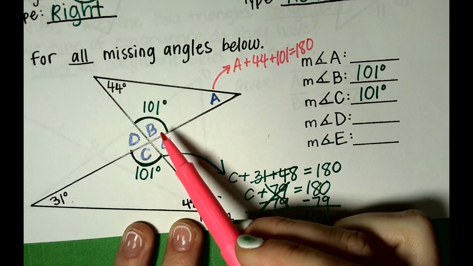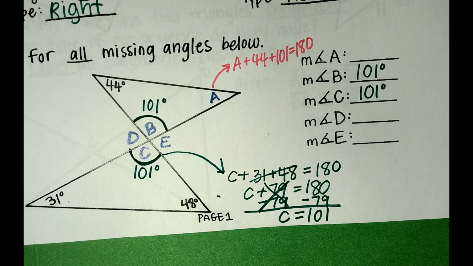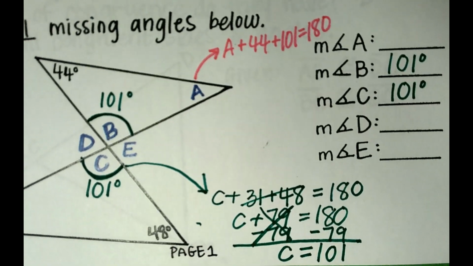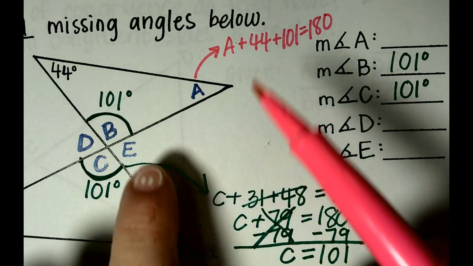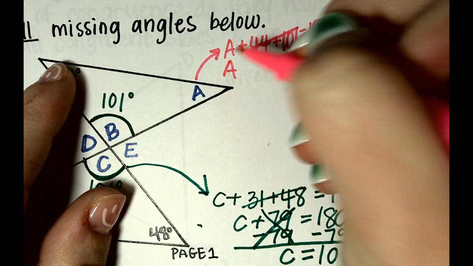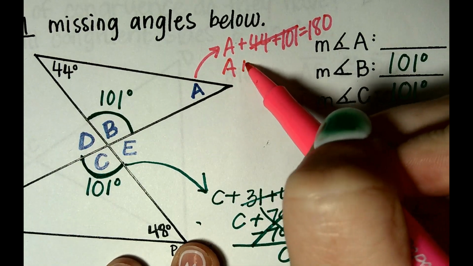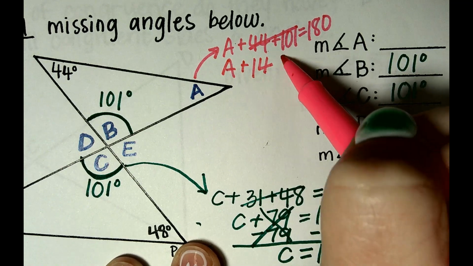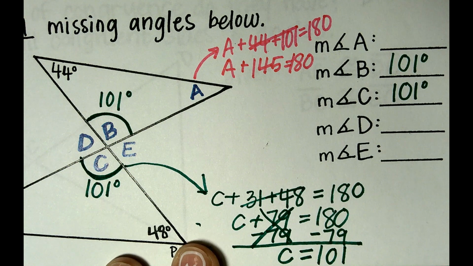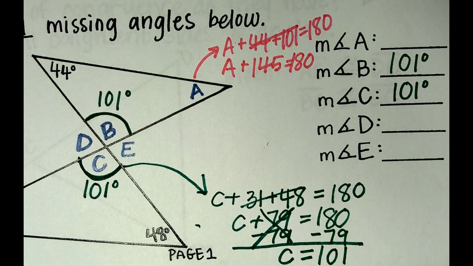Okay, so I just added these three angles together and set them equal to 180. 44 plus 101 gives us 145. So I'm going to bring that down. A plus 145 equals 180. Minus 145 from each side. Perfect.